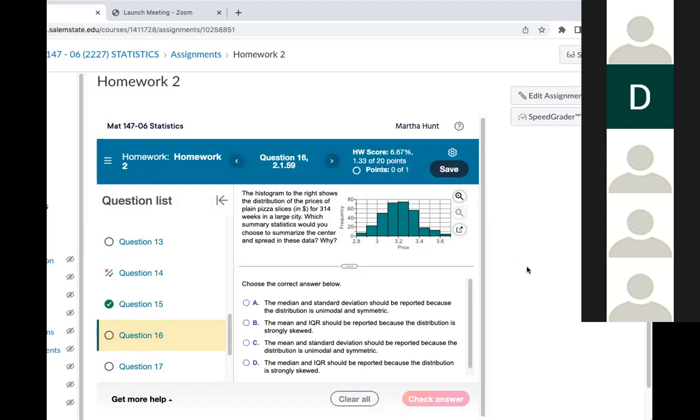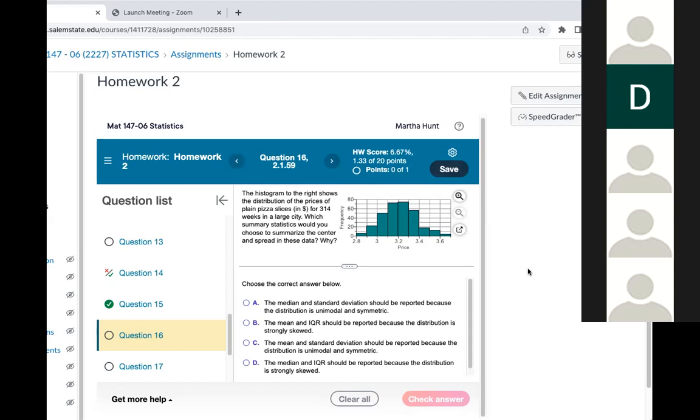Okay, pieces of pizza for 314 weeks in a large city. What would you use to summarize the data and why? Well, if there's 314 weeks, we certainly don't want a stem and leaf graph. There'd be too many leaves. We could do a box plot, but they chose to do a histogram.